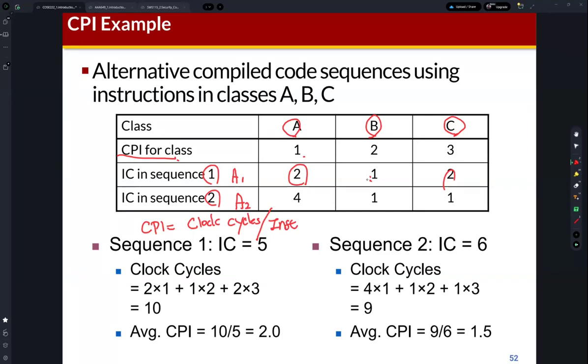In order to calculate it, firstly we calculate the total number of clock cycles and the number of instructions, and then the total number of clock cycles is divided by the number of instructions. Why? Because this is just the definition of CPI. Okay, then A1 has 5 instructions.